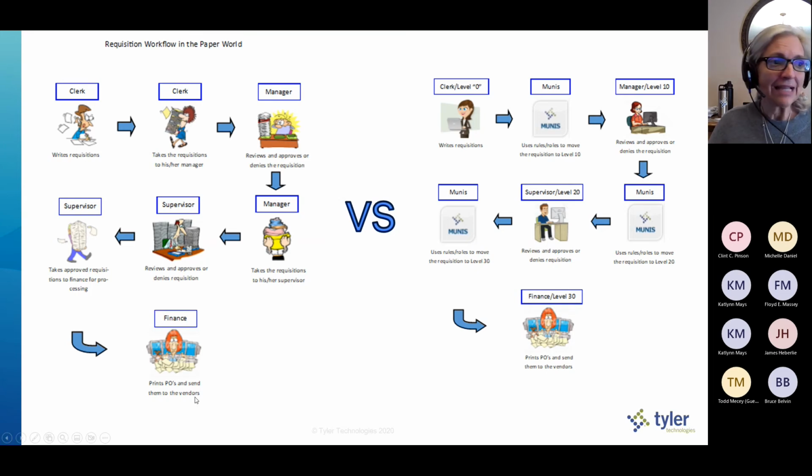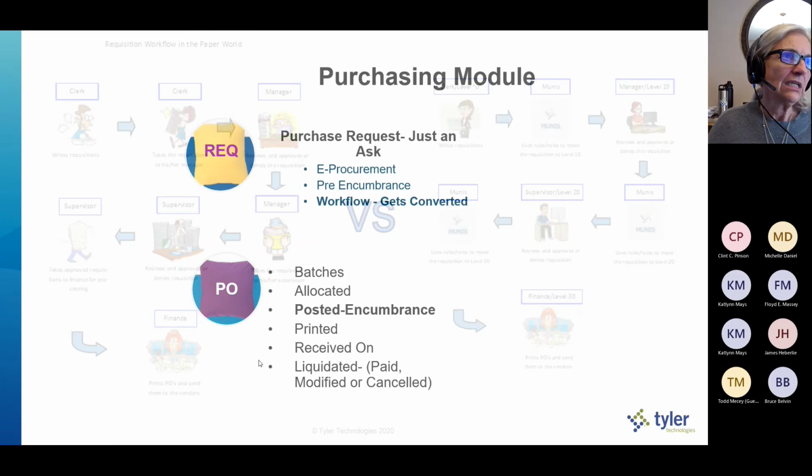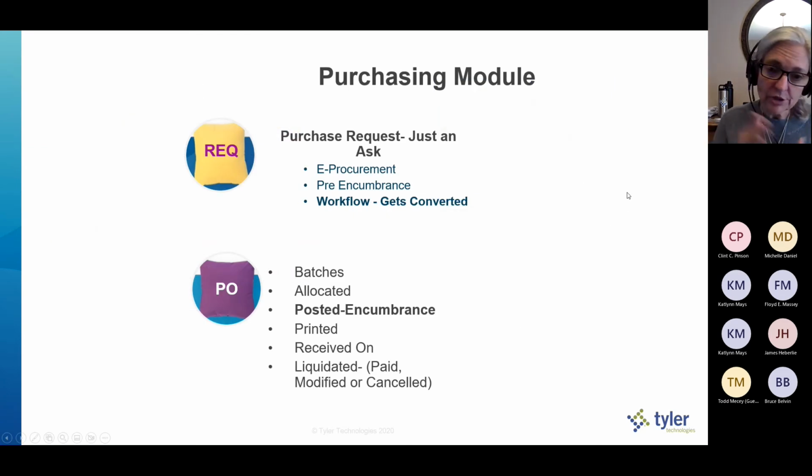Okay. So again, these are things that you'll be hearing again and again every time in the training, but it's to give you a bigger picture, and part of your involvement is for us to be able to test this setup. So today we're working on the purchasing module, and I want to bring to your attention that there are 2 items that begin the process. One is what we call the requisition, which is what we're going to be interacting with today.